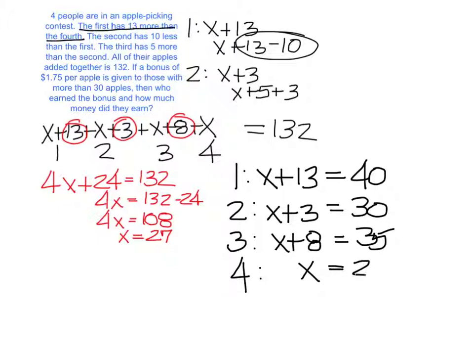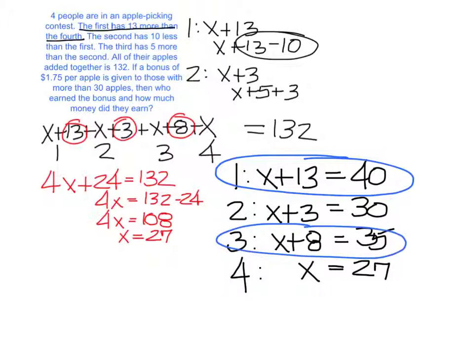So that is 27. Which people qualify for the bonus? 1 and 3. Remember it says to those with more than 30 apples. 2 has 30 exactly. Now for the rest of it, the bonus of $1.75 per apple is given to those with more than 30 apples.